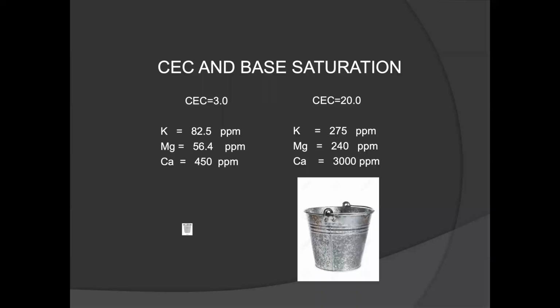So that's how you determine how you're going to set up your programs and what fertilization you're going to need to do. So it's really important to pay attention to those.